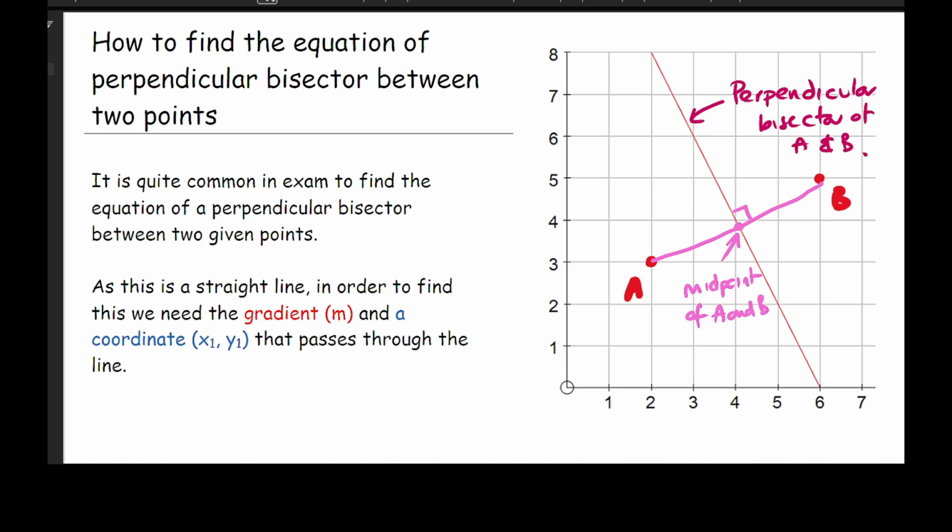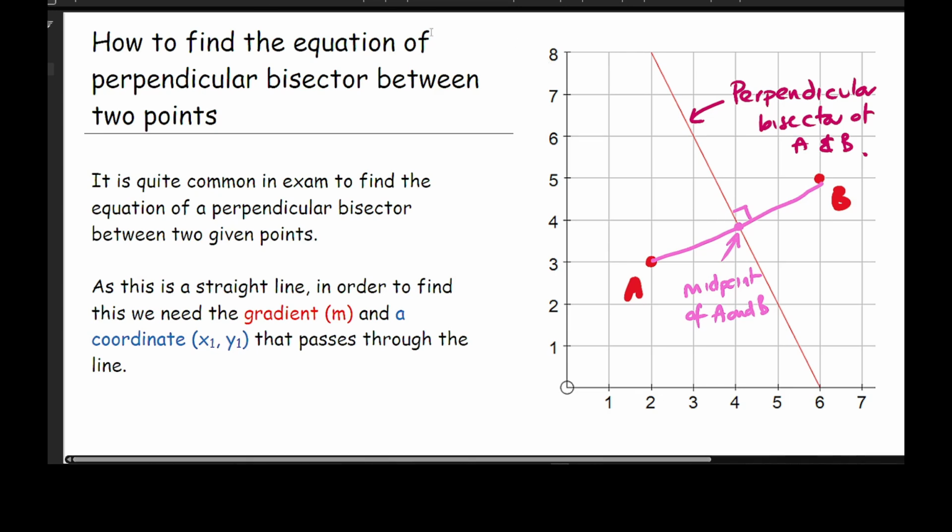Now, in order to find the equation of that red line, we need to know a gradient and we need to know a coordinate. The gradient, as we've already mentioned, is going to be perpendicular to the line AB, and the coordinate is going to be the midpoint of A and B.